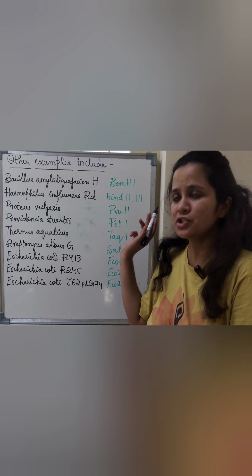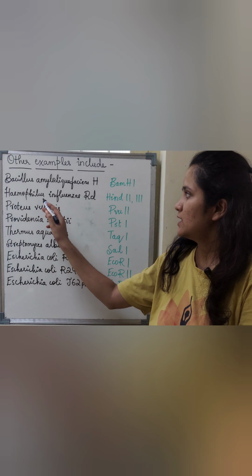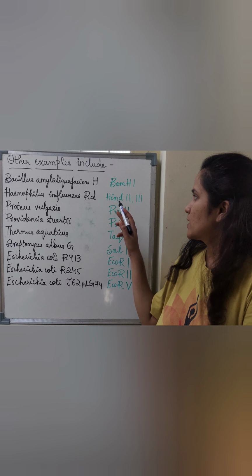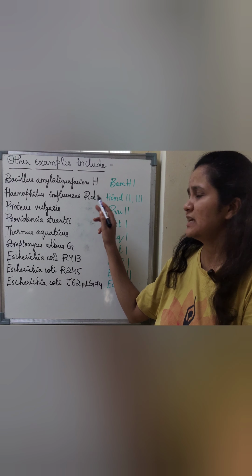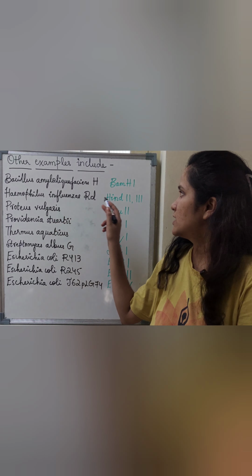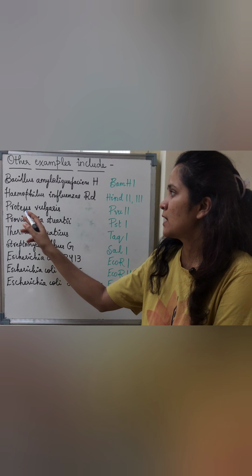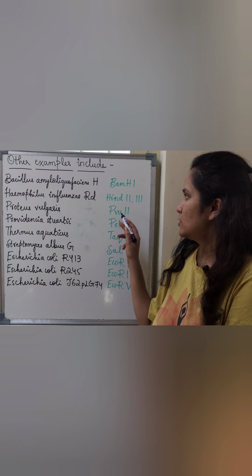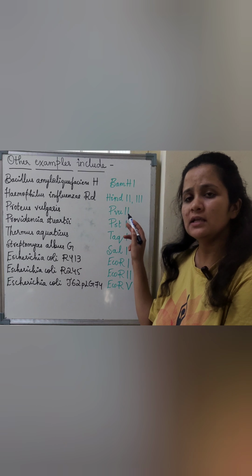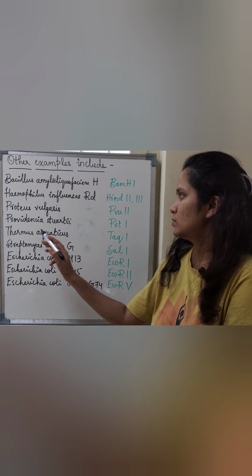So BamHI. Same way for Haemophilus influenzae Rd, you can write it as HindII or HindIII. Here instead of R we are considering D, that is the only difference, so that the pronunciation will be easy. Then Proteus vulgaris, PVU, obtained in the second position, so PvuII.